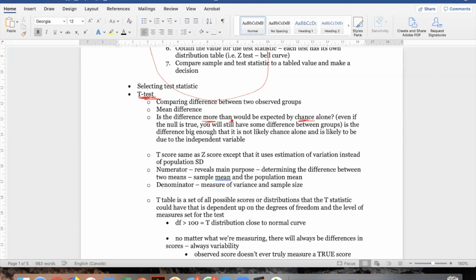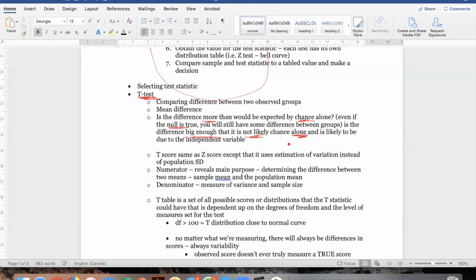Now, obviously, even if the null is true and there is no relationship between this new medication and the better scores, you're still going to have some difference between the 2 groups, because you're not going to have the exact same numbers. But is the difference big enough that it's not likely that chance alone caused that change in the dependent variable?